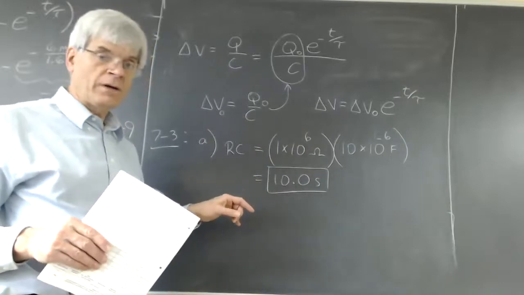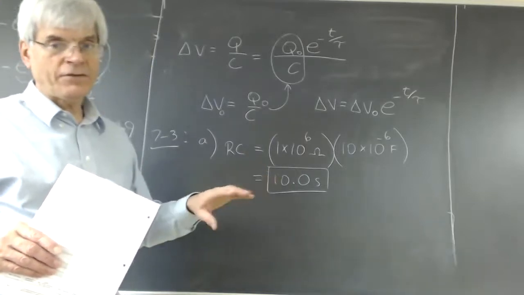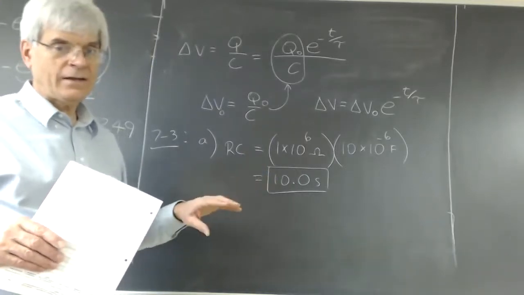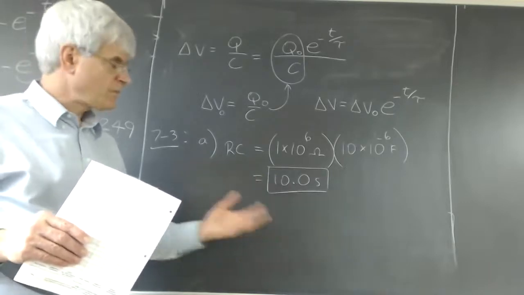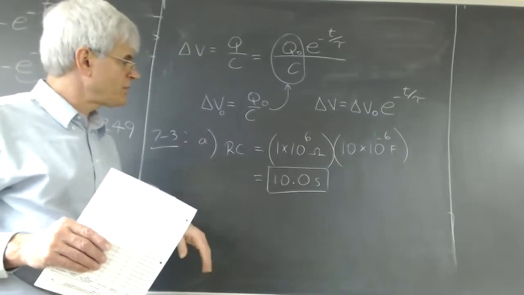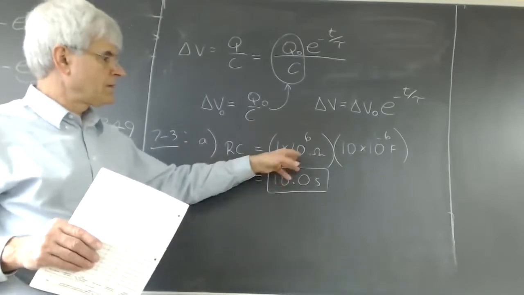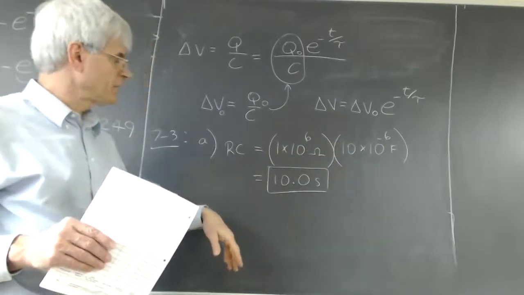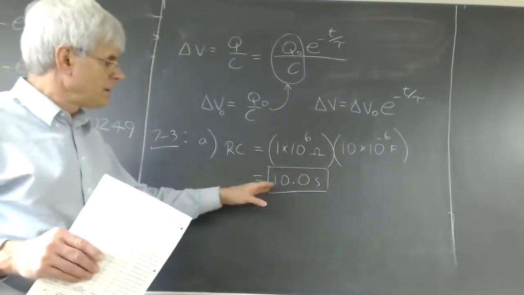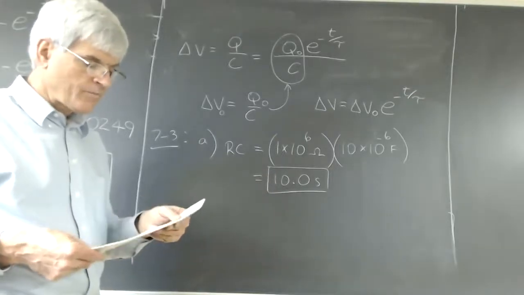And with such a small amount of current, charge just trickles out of the capacitor a little bit at a time, and it takes a long time for the capacitor to discharge with so much resistance in the way. If the resistance was a lot smaller, then the charge would flow faster. In other words, you'd have a bigger current, and the time constant would be a shorter amount of time.